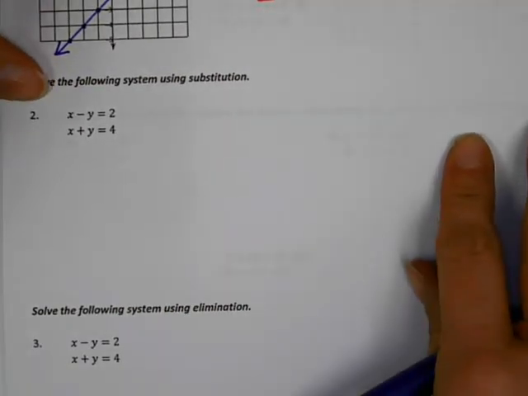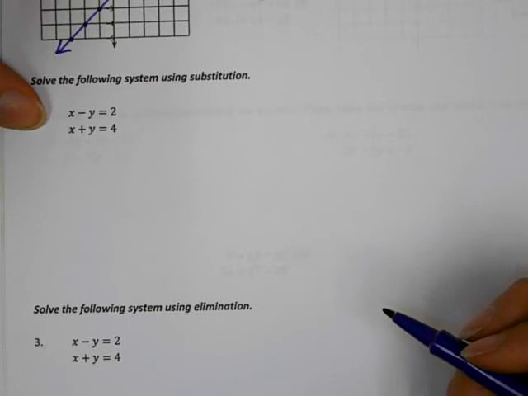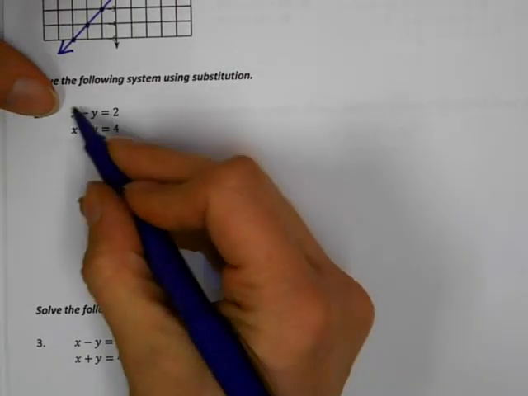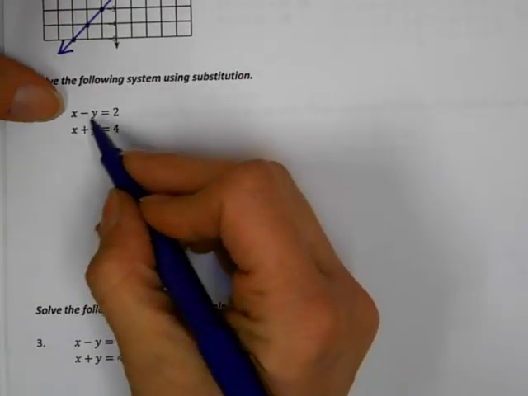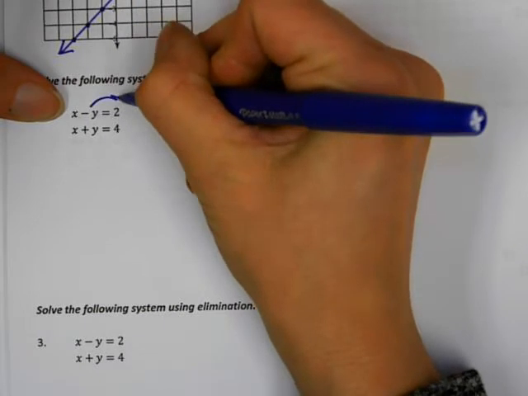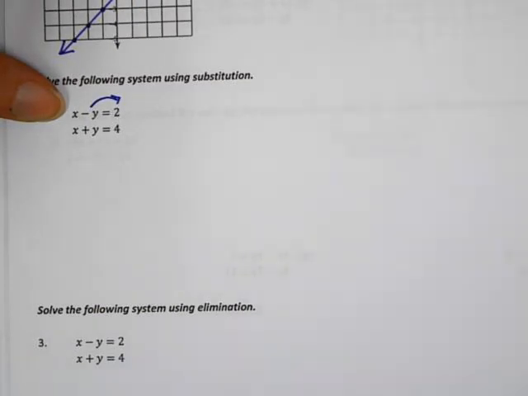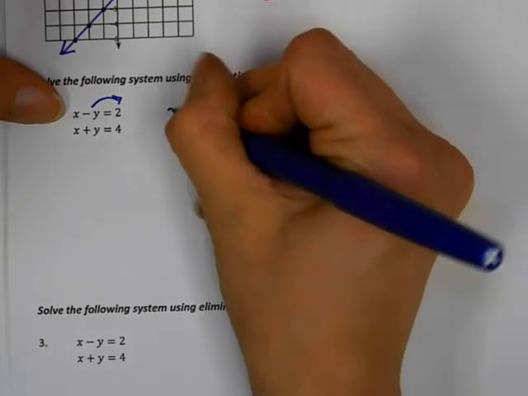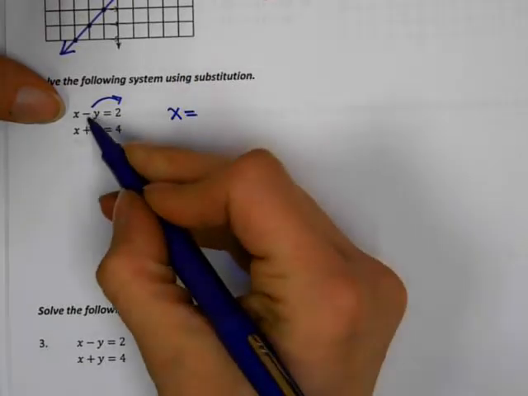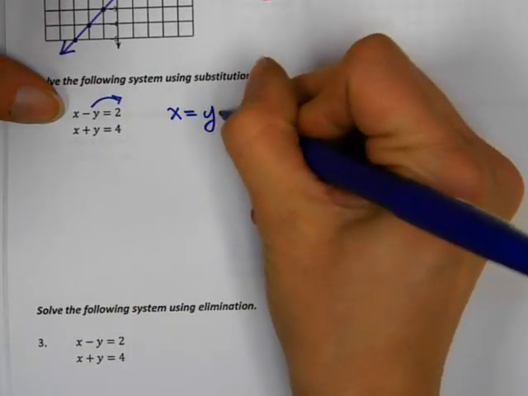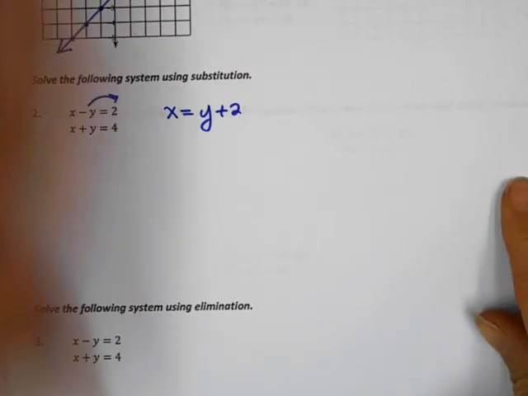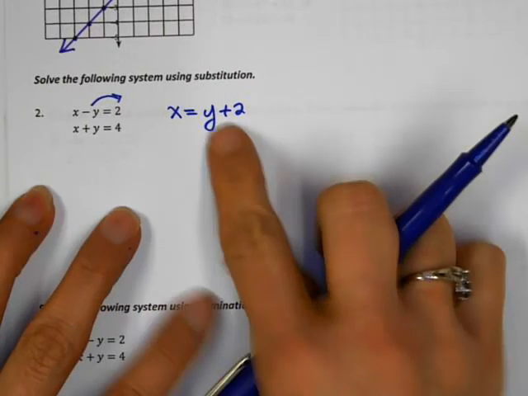To isolate one of these variables, I think maybe I will isolate this x, and if I move a negative y to the other side, then that will become a positive. X would equal a positive y plus 2.